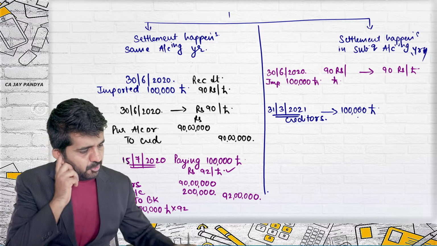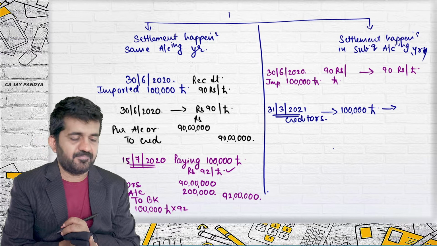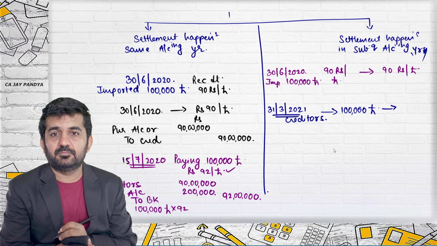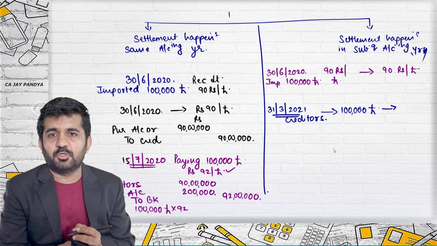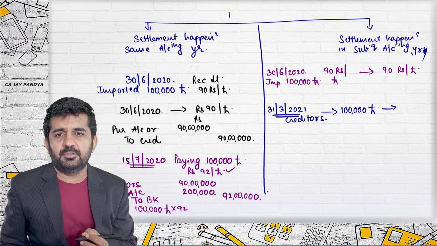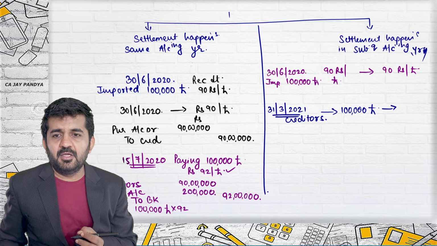Can you tell me at what rate it will be converted? Closing rate. Why closing rate? Can you help me out? Sir, it is a monetary item. It is a monetary item.